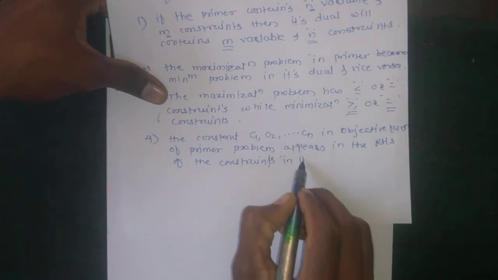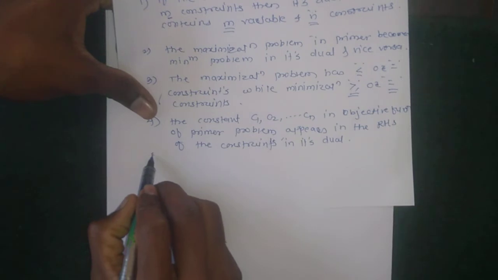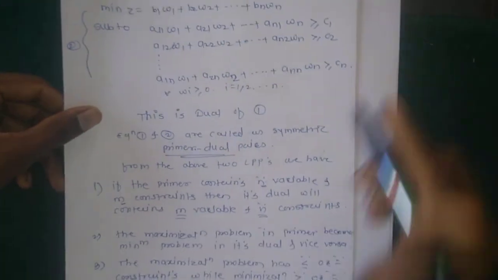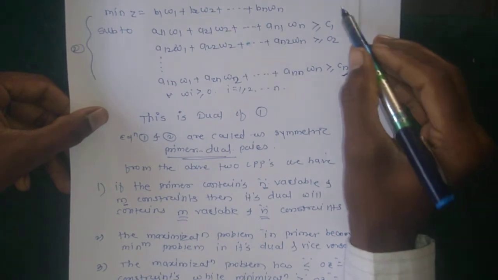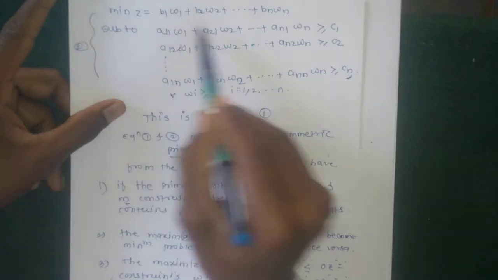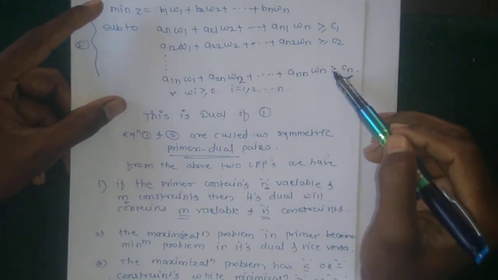Suppose these are the coefficients c1, c2 up to cn, and in the dual problem these are the RHS of the constraints.